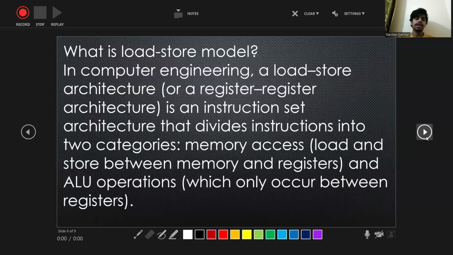ALU means arithmetic logic unit. So it is divided into two categories: memory access, that is load and store between memory and register, and ALU operations, which only occur between registers.